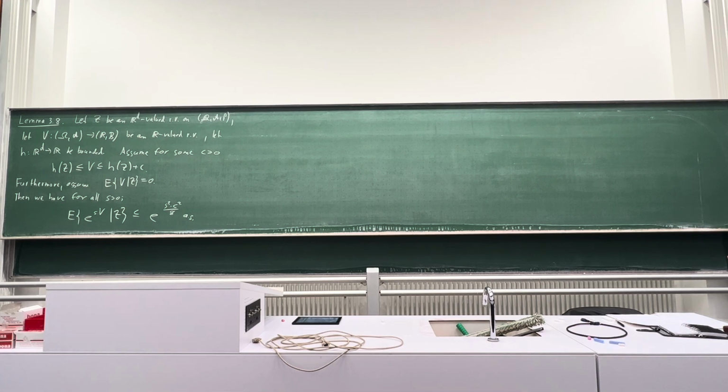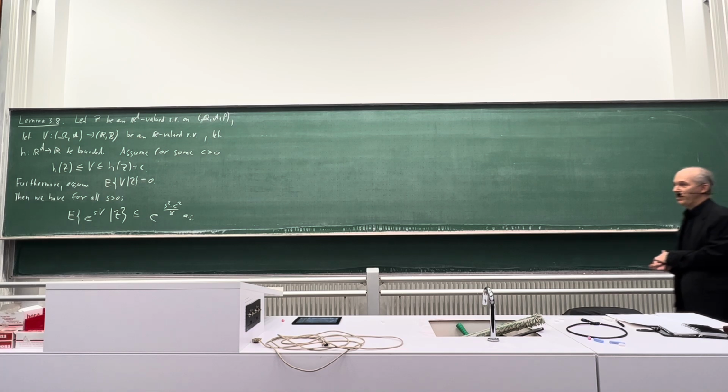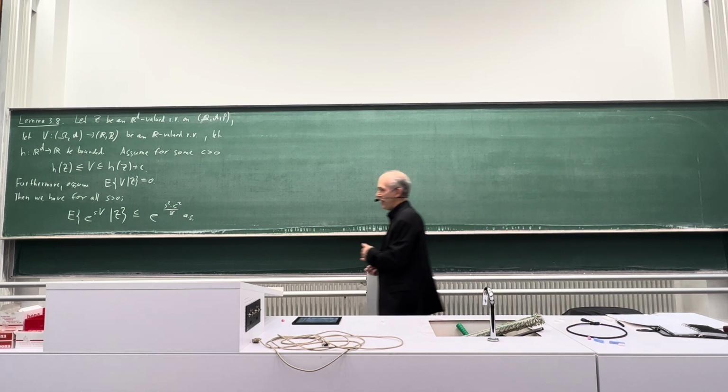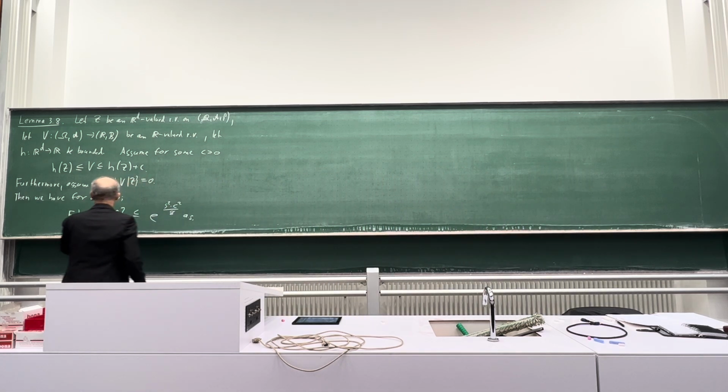So you have an exponential moment for s times V, and in fact it's a moment on the conditional expectation. You don't see at the moment why this is useful, but you will see in the proof.